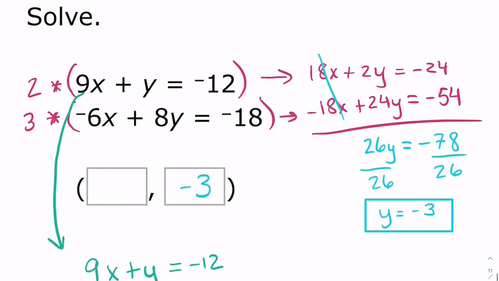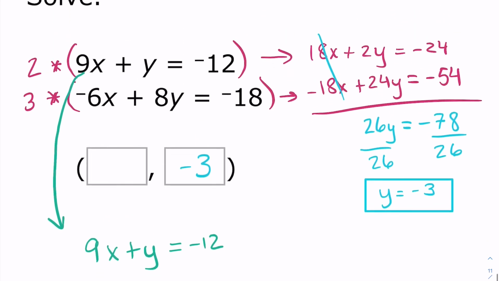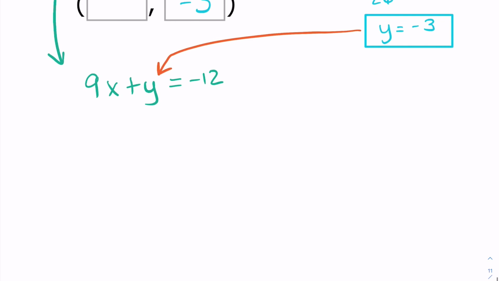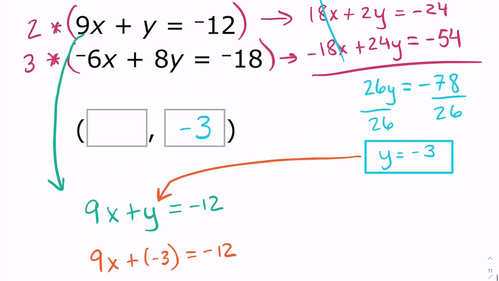Okay, all I did was rewrite it. And I'm going to now take y and substitute it in. And so I picked one that was a little bit easier because it didn't really involve multiplying. This 8y would have involved multiplying.